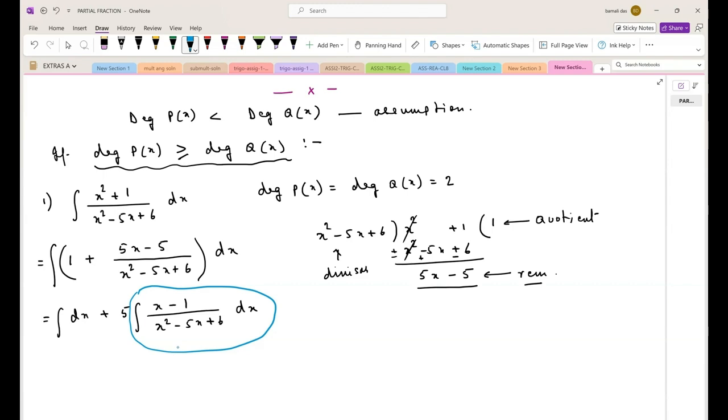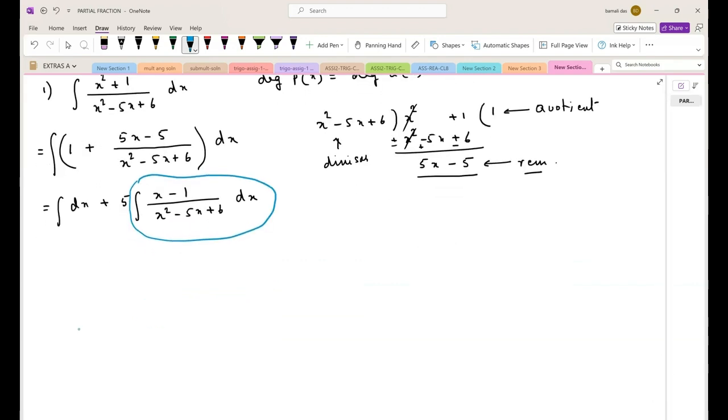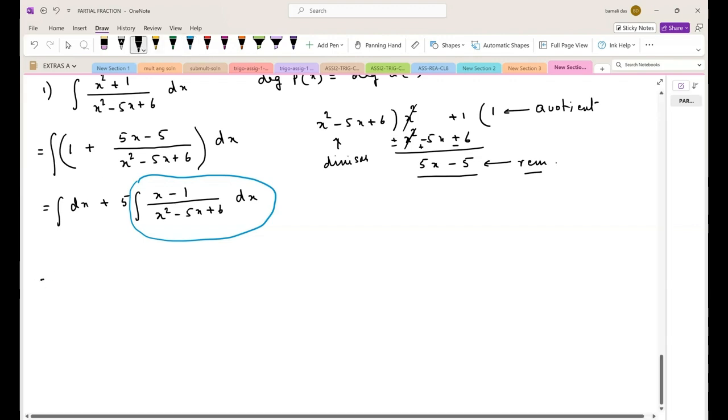Similarly, if you have another sum that is there in your NCERT book, this was sum number 9, which I did. Now I'm doing sum number 12. Here, the sum is (x cube plus x plus 1) by (x square minus 1) dx.